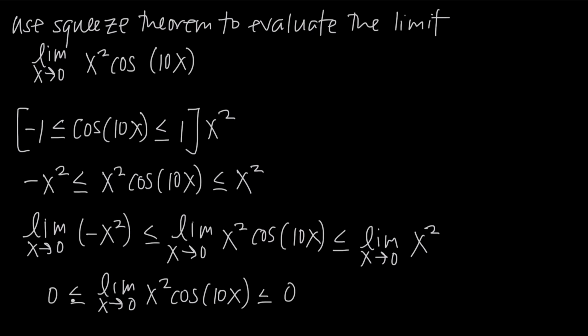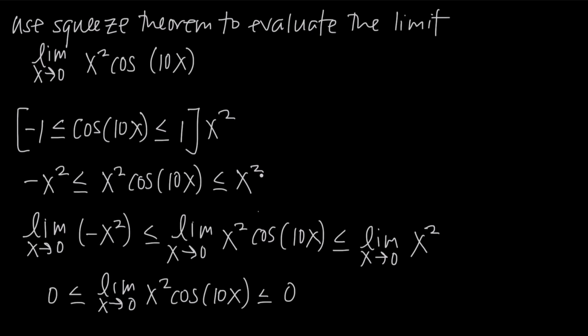So really what we're looking at is the fact that it says greater than or equal to and less than or equal to, which means that this whole value has to be equal to 0 because it's squeezed in by zeros on both the left and the right-hand side. If it has to, at the same time, be greater than or equal to 0, and also less than or equal to 0, the only possible value for this limit function in the middle is 0.